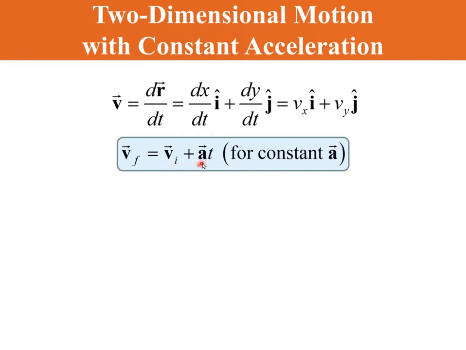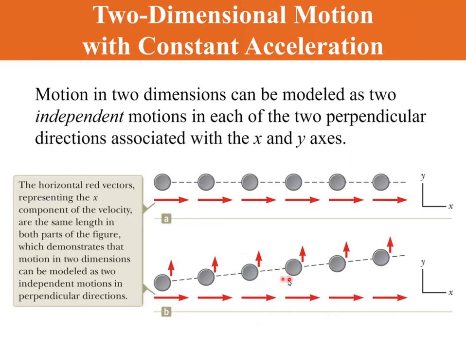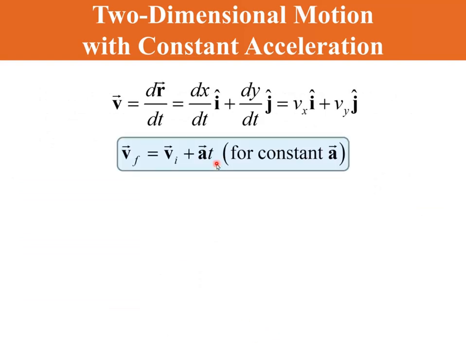So this formula will then have two axes. Let's say we want to analyze the motion with this equation. We have to write this equation for the x axis and the y axis.